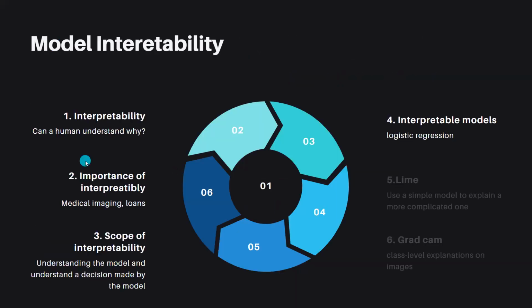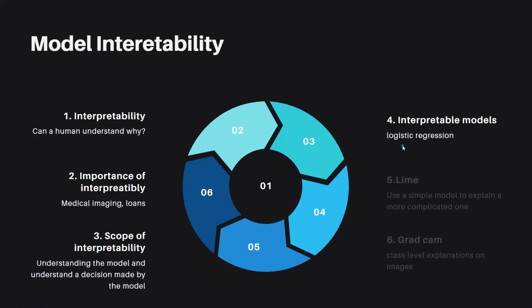So far what we have spoken about is what interpretability is, what it isn't, the importance of interpretability, the scope of interpretability, and of course, some of the interpretable models such as logistic regression, especially, and decision trees.